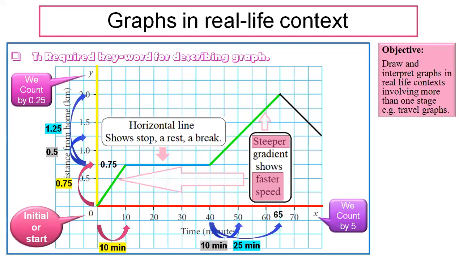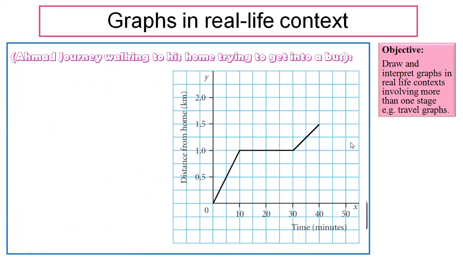Okay, let's have, for example, here, it's about Ahmad's journey, walking to his home and trying to get onto a bus. So if you look at this, we have time on the x-axis and distance on the y-axis.